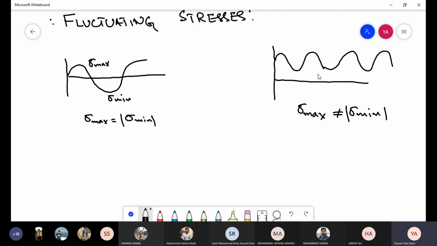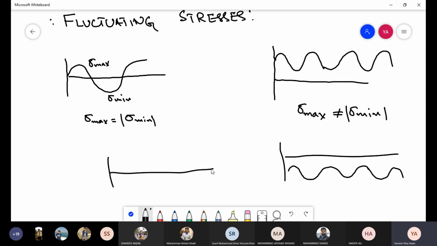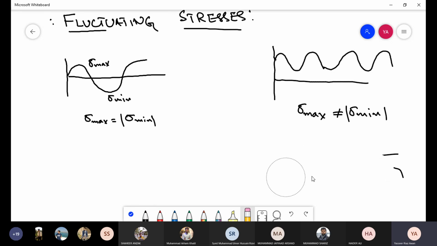For any case in which we have this, it could be like this also, and could be like this also. So all of these cases in which sigma max is not equal to sigma min are in the domain of fluctuating stresses. So first we see how we characterize the fluctuating stresses.